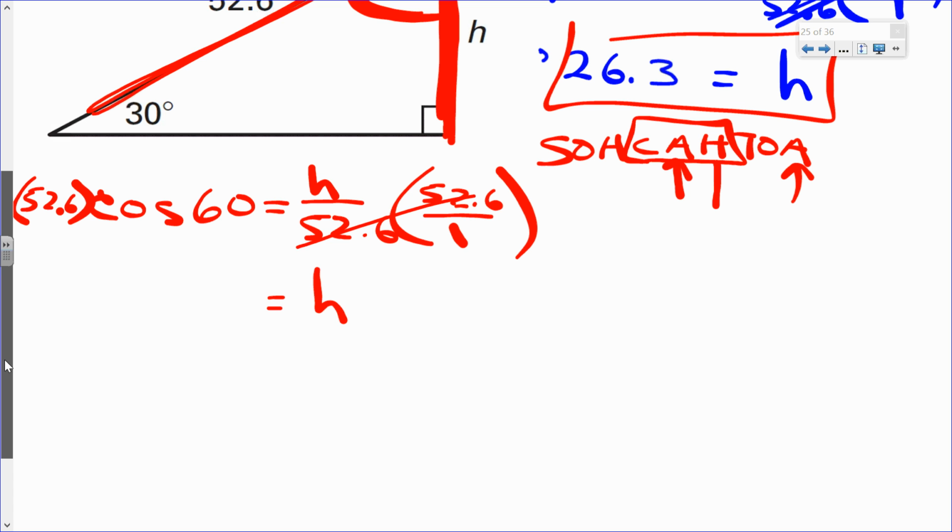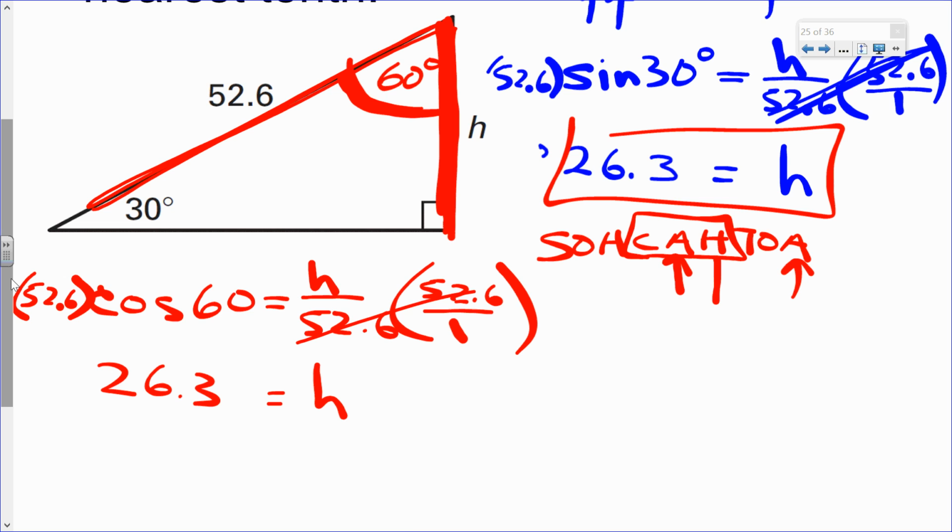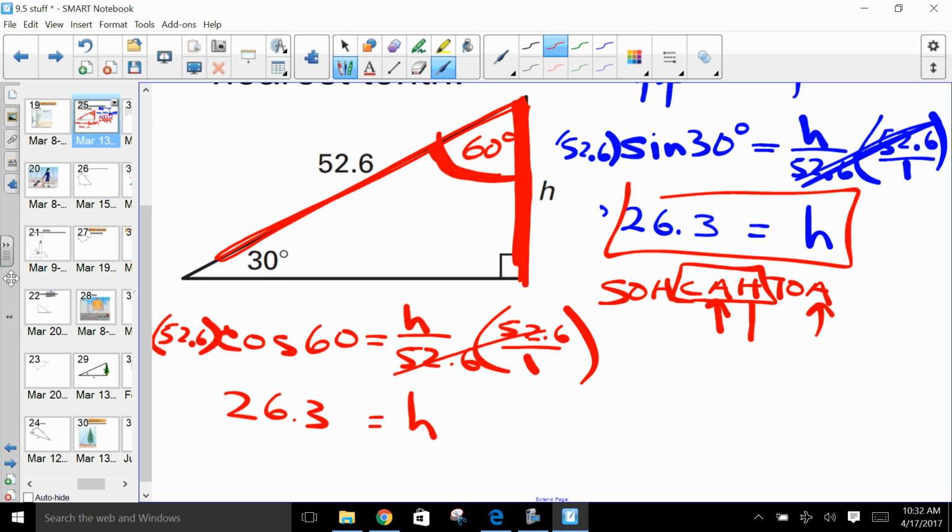You should get 26.3 again. If you type in 52.6 cosine 60 and hit equal on your calculator, it'll do it for you. We solved for h once again. This is powerful. Powerful science, you guys. Potent.